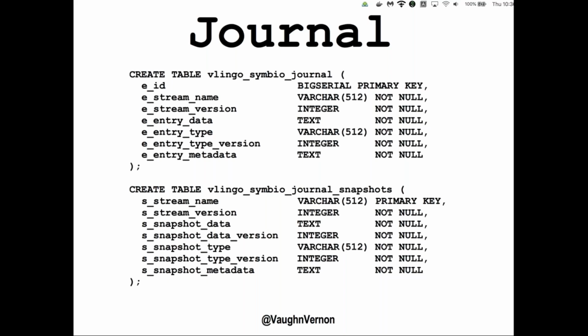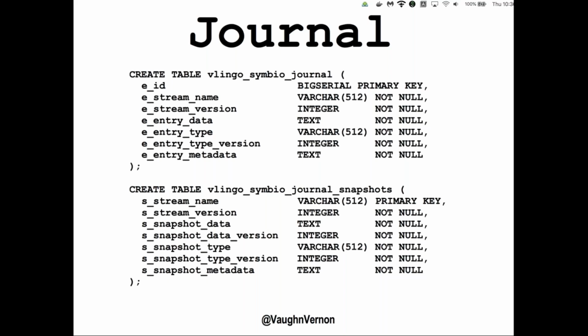The stream version is basically an index as to how many different events have been written, and this is how you determine also the order in which those domain events should be, for example, played back or reapplied to the state when you're recovering the state.